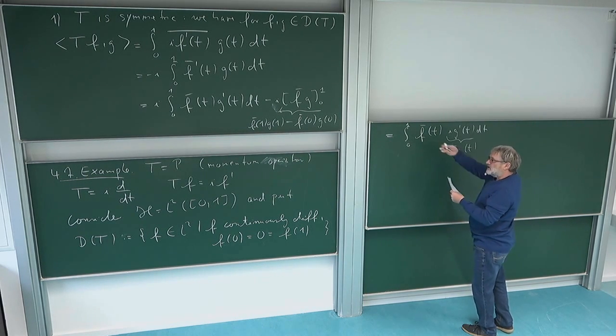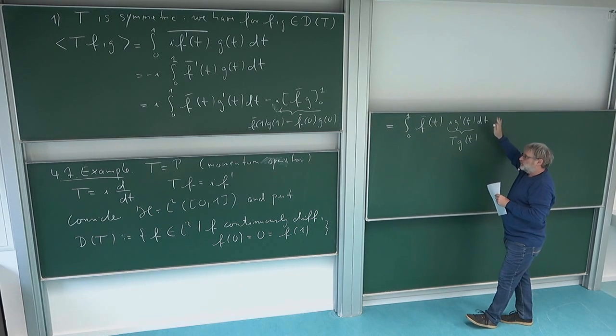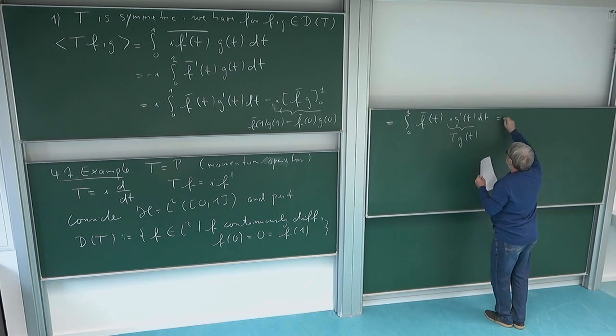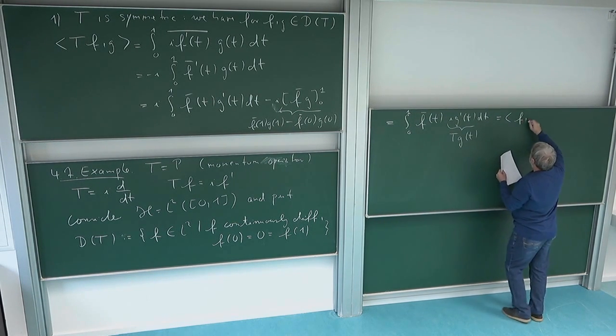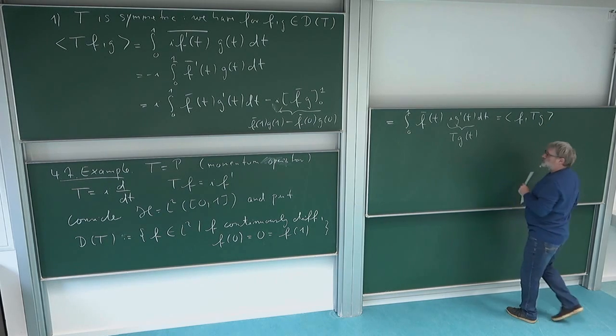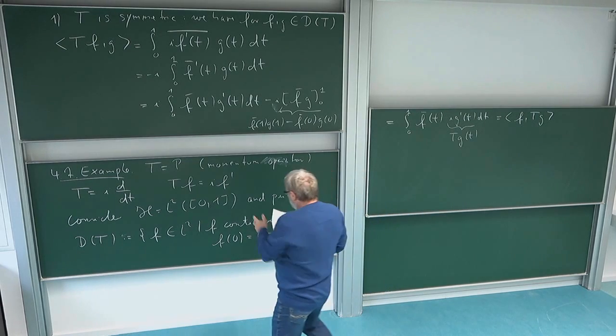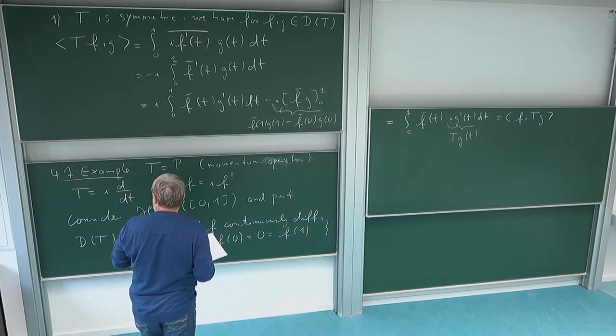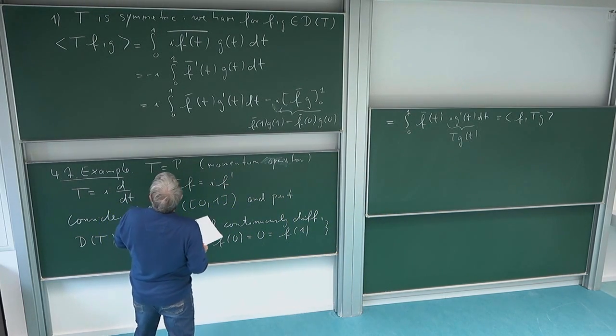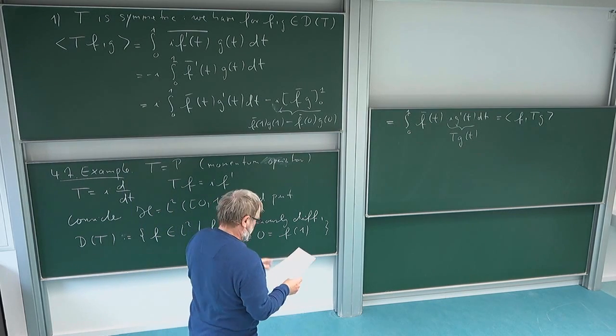And of course we assume that g is also in the domain, so this makes sense. And what I have here is just the inner product between f and tg. So you see this is just partial integration with the right choice of the boundary conditions, so that we can move the derivative from f to g.